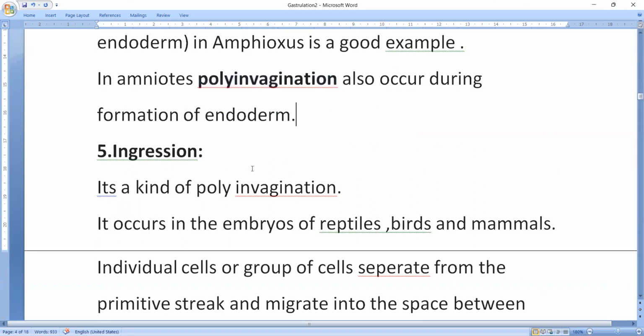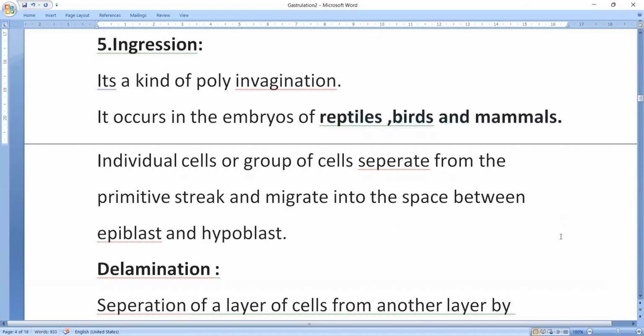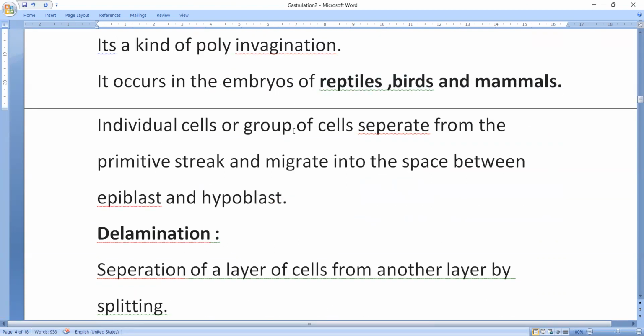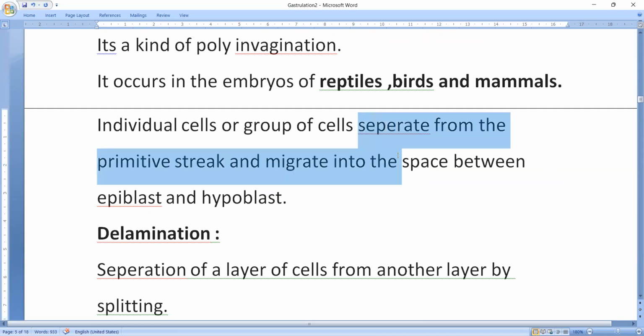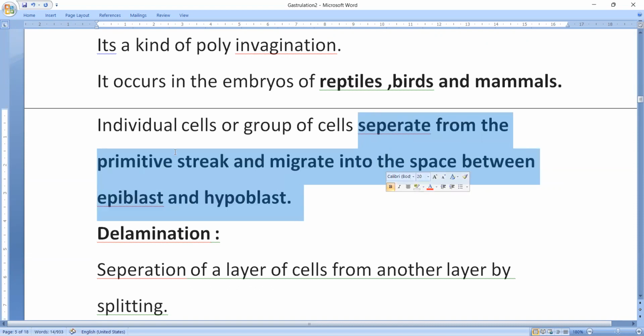Ingression is also a kind of invagination, but it is polyinvagination. It occurs in the embryos of reptiles, birds, and mammals. Here, individual cells or groups of cells separate from the primitive streak and migrate into the space between the epiblast and hypoblast.